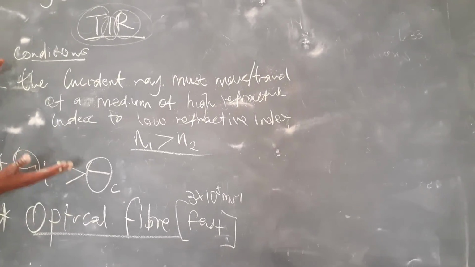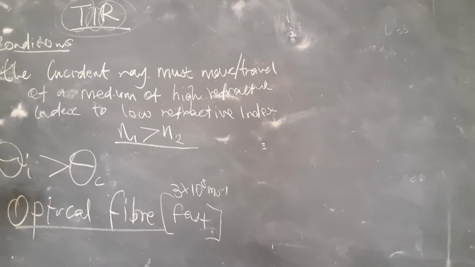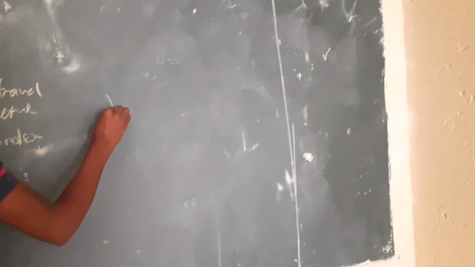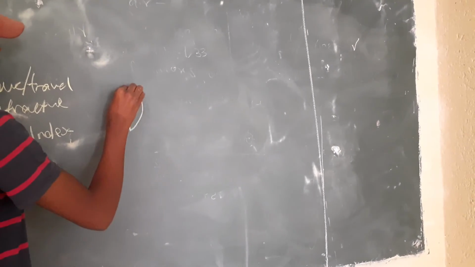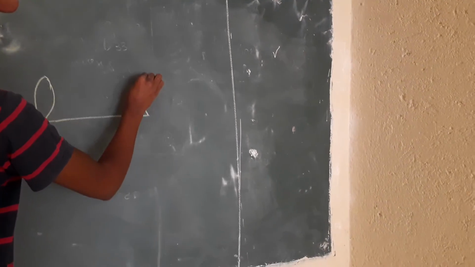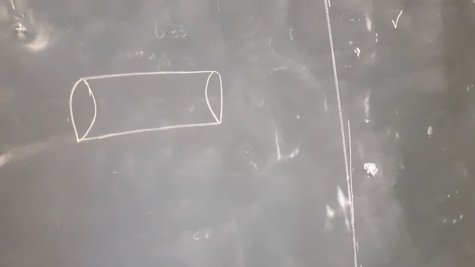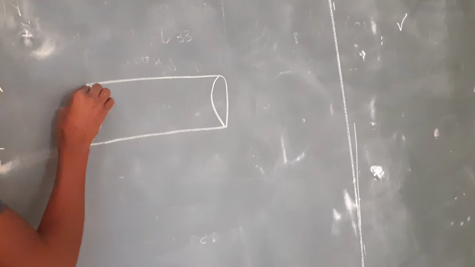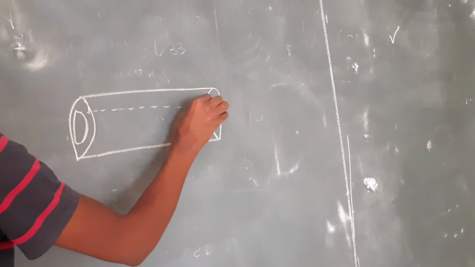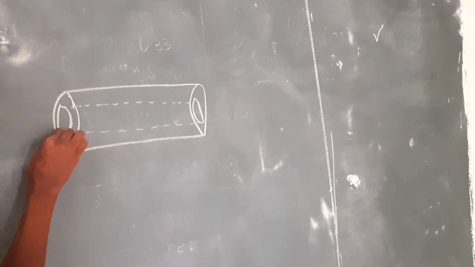These are the conditions for total internal reflection, and now we need to show it with a little bit of a diagram. We can say that this one is just a cable, and we have another one in here.